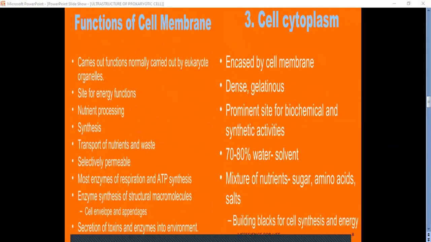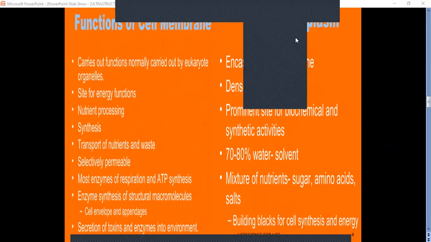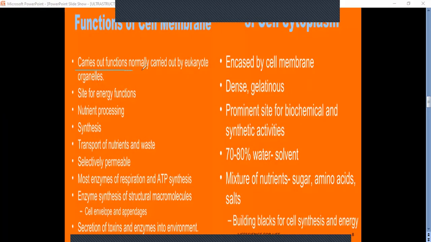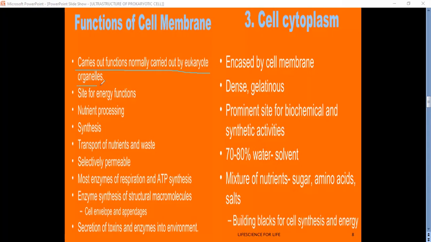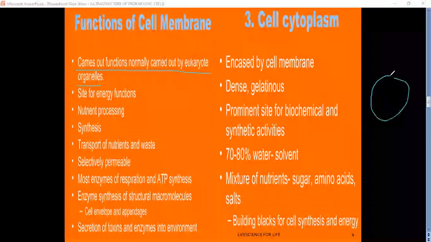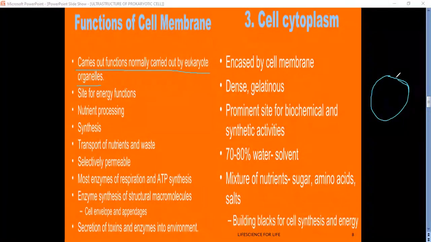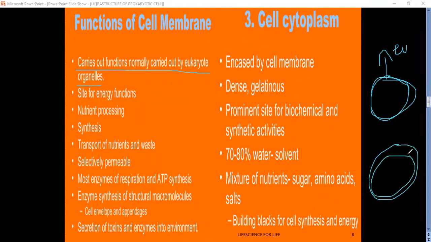What are the functions of the cell membrane? It carries out functions normally carried out by eukaryotic organelles. All eukaryotes don't have a cell wall; the outermost region is only the plasma membrane or cell membrane. Prokaryotes also have a cell membrane, with functions that are very similar.